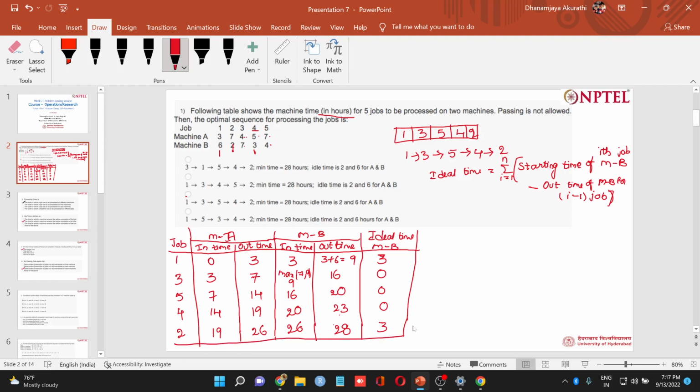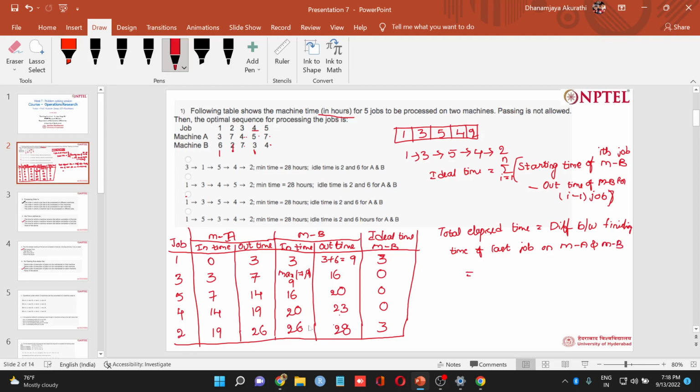So finally we get this table. From this we can find out the total elapsed time, that is, the difference between the finishing time of the last job on mission A and mission B. What is the difference here?